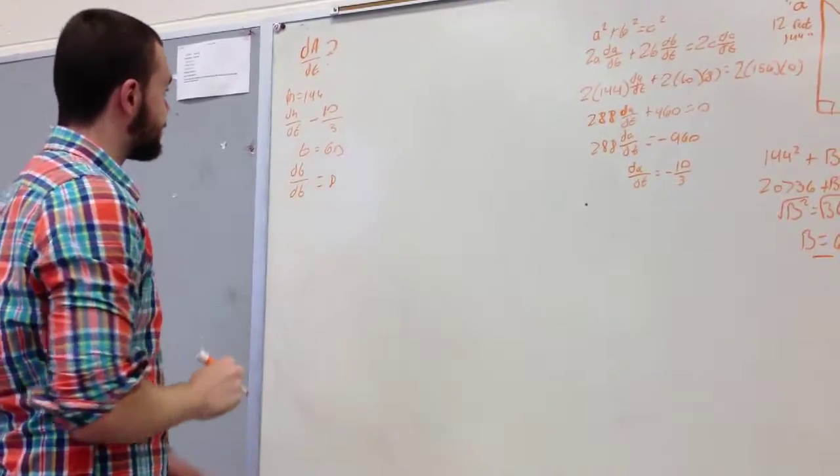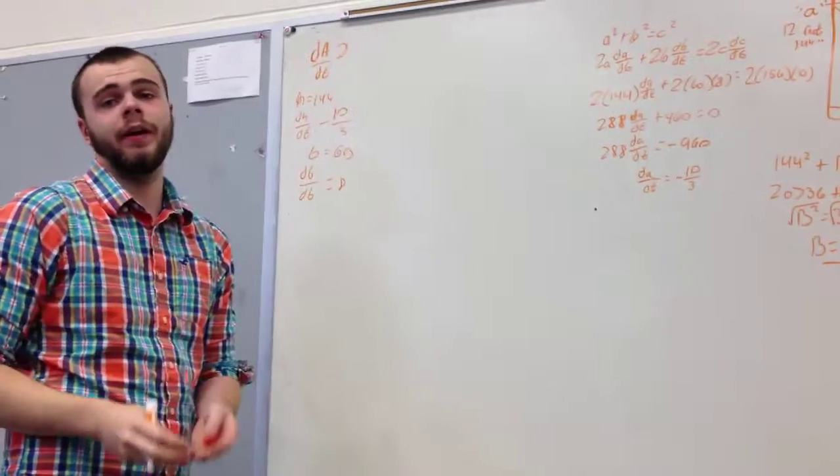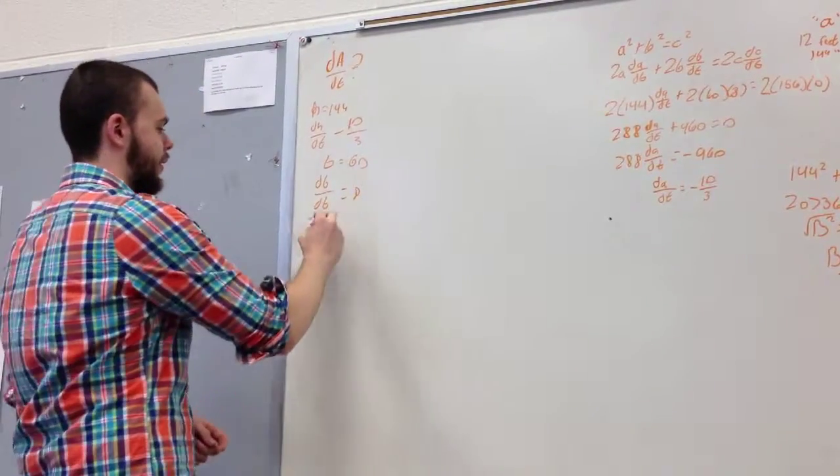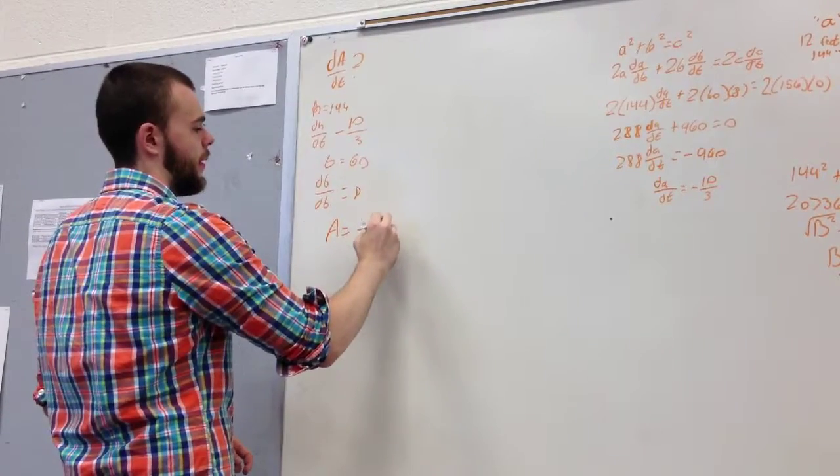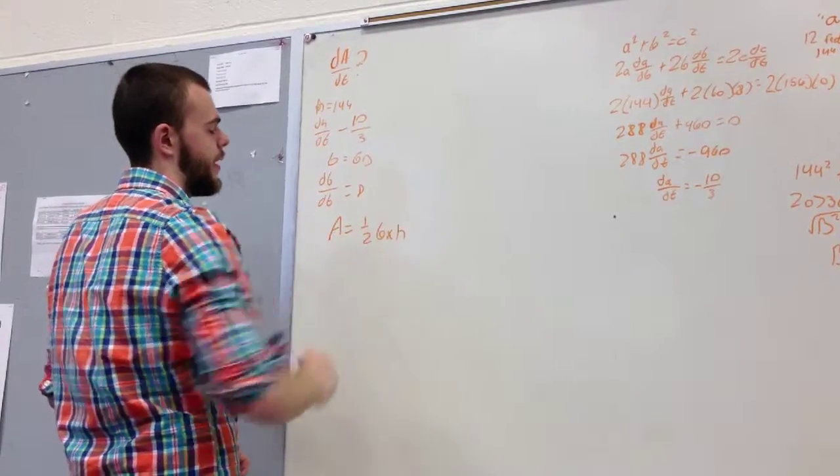Now, we also need to know the area of a triangle. The area is equal to 1/2 base times the height.